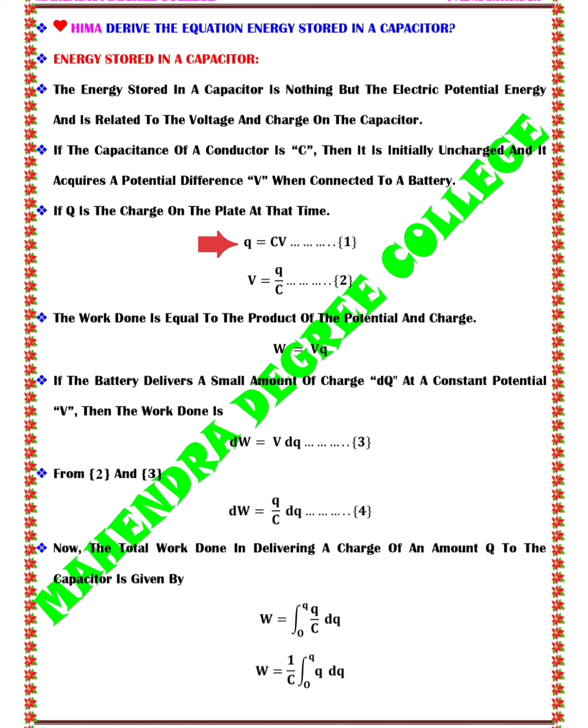The equation Q equals CV represents the fundamental relationship between the charge Q on a capacitor, its capacitance C, and the potential difference V across it.